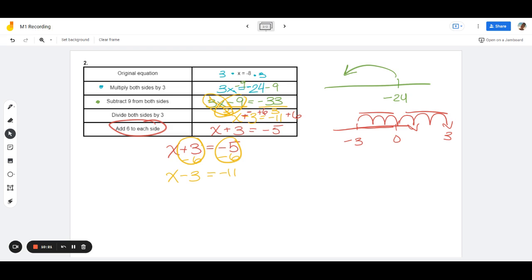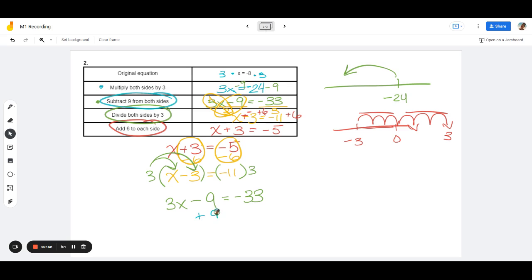And then we want to undo dividing both sides by 3. So we're going to multiply both sides by 3. Now we can use our distributive property. That's going to give us 3x minus 9 is equal to negative 33. And then we want to undo subtracting 9 from both sides.